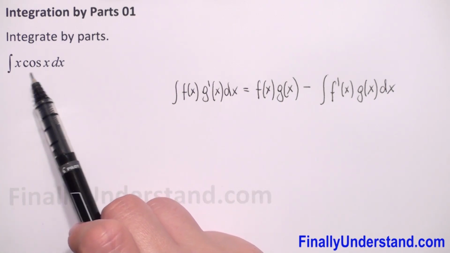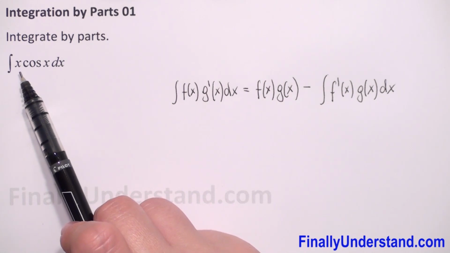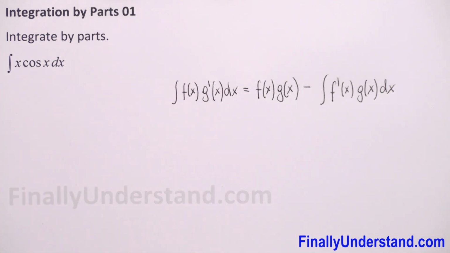So we have a product of two other functions. First is x, the second is cosine of x. Integration by parts can be useful if I can take the derivative of one of them and it becomes simpler, and if I take the antiderivative of the other one, it becomes no more complicated.